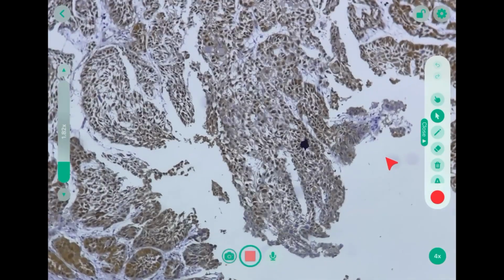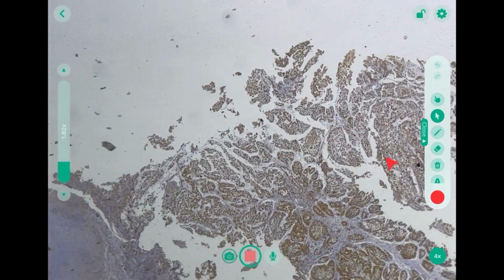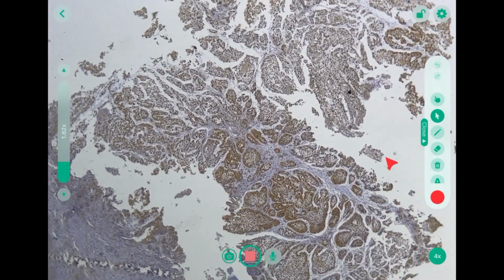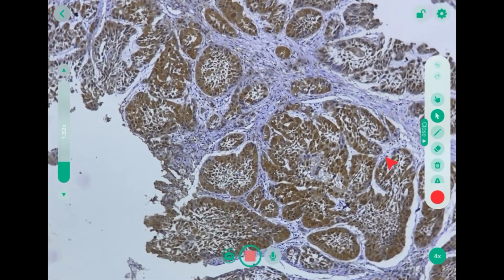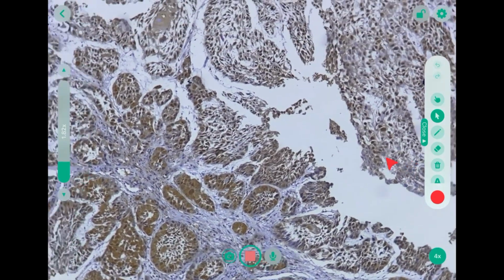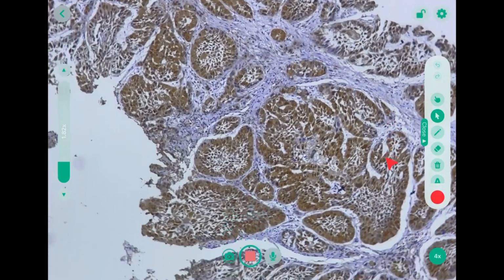Most of the tumor is positive for this P16 immunostain. So this is P16 positive or HPV associated squamous cell carcinoma.